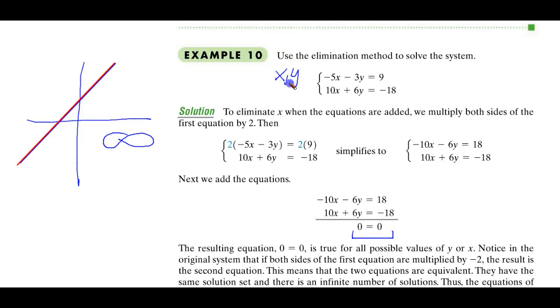(x, y) such that, in set builder notation. You could use either one, because in a sense these are the same equations. If I multiplied this equation by a -1, it would make it exactly the same as this. It's disguised here a little bit, but when you do the math, the algebra, this is what you get.